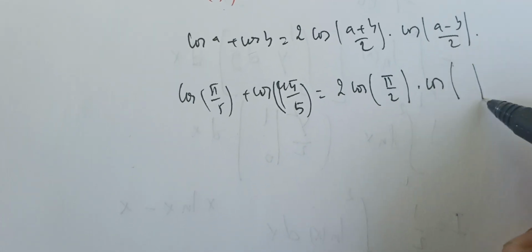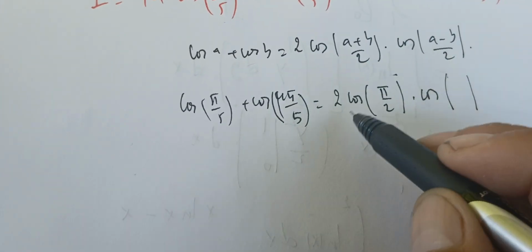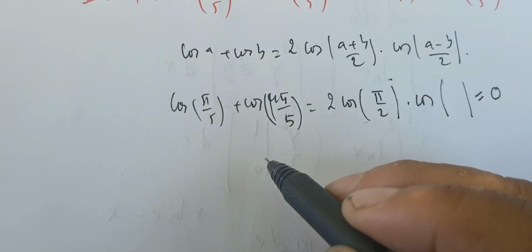We are not going to care about that, because we get the cosine of pi over 2, which is 0. So we don't need to compute this. That means these two sum to 0.